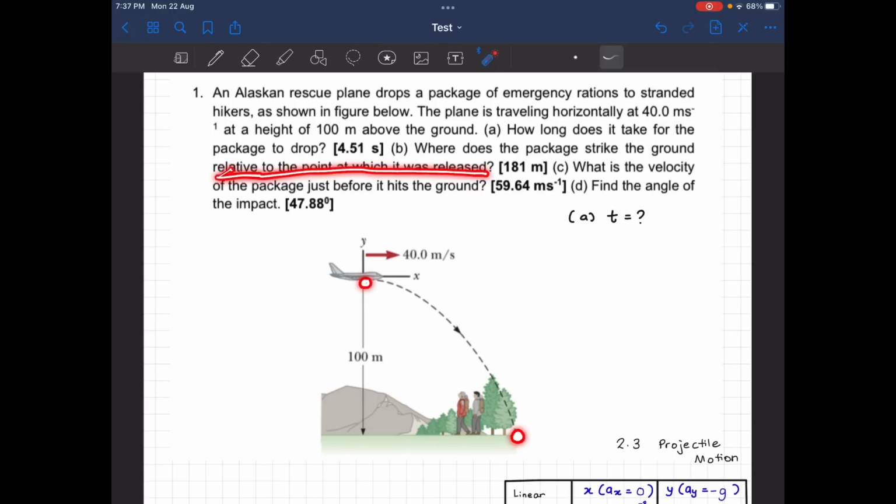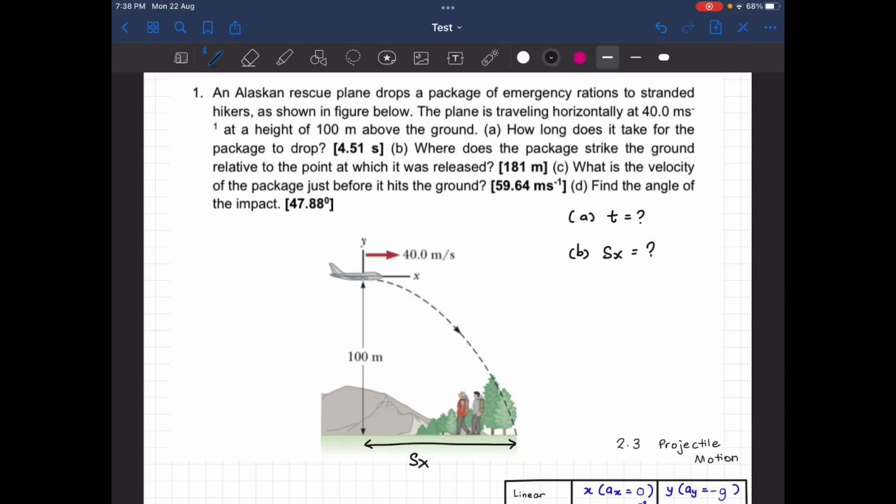So ini tempat dia release, maksudnya daripada sini sampai ke sini. We know that this is a distance, but a distance in the x component. As you can see, it's a displacement, but in the x component, so we denote this as sx. So we know that question B wants sx tu berapa.